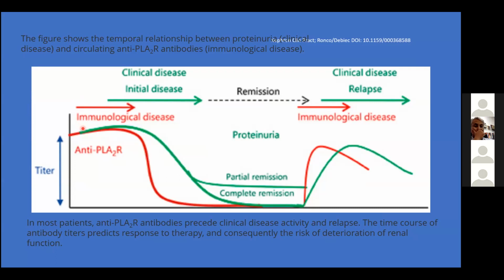And also in case of relapses and recurrences, it appears just before the clinical manifestation. Okay, so by measuring this antibody in serum, we can predict the relapse before clinical presentation. And also this antibody titer predicts the response to therapy and consequently the risk of deterioration of the renal functions.